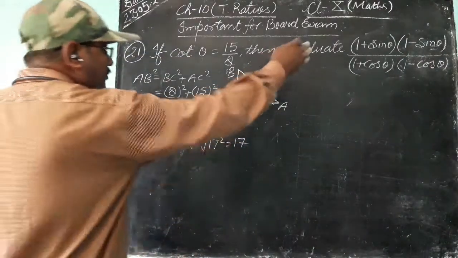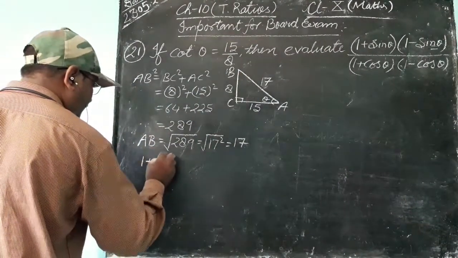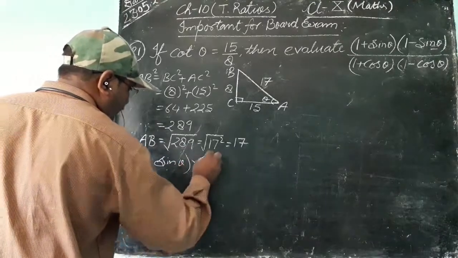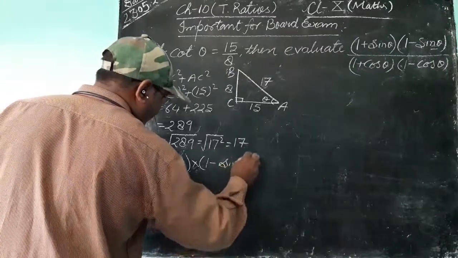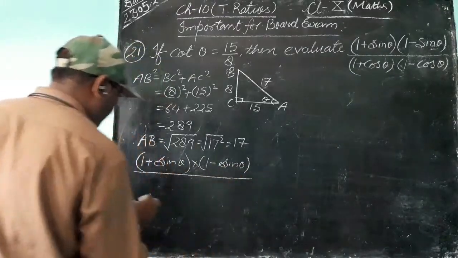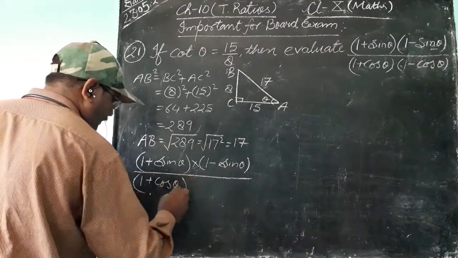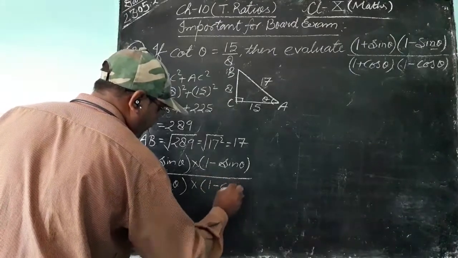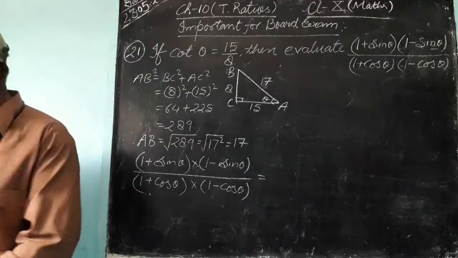Now you write that question: (1 plus sin theta) into (1 minus sin theta) upon (1 plus cos theta) into (1 minus cos theta). So students, you know the identities.